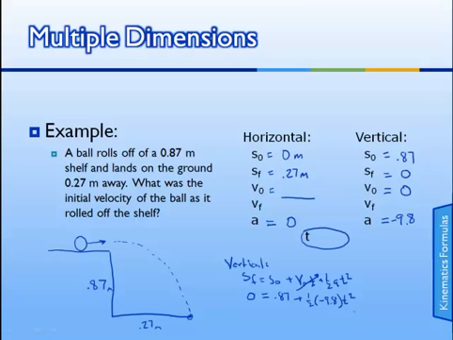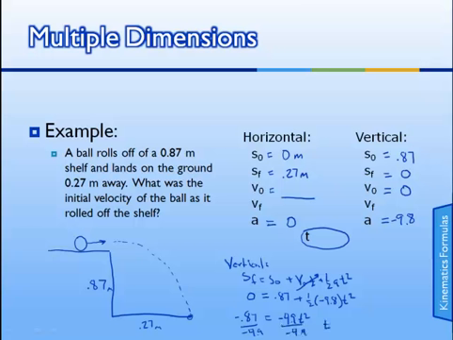To solve an equation like this, I'd move the 87 centimeters to the other side, divide, and eventually take the square root. Half of negative 9.8 is negative 4.9. Divide both sides by negative 4.9.